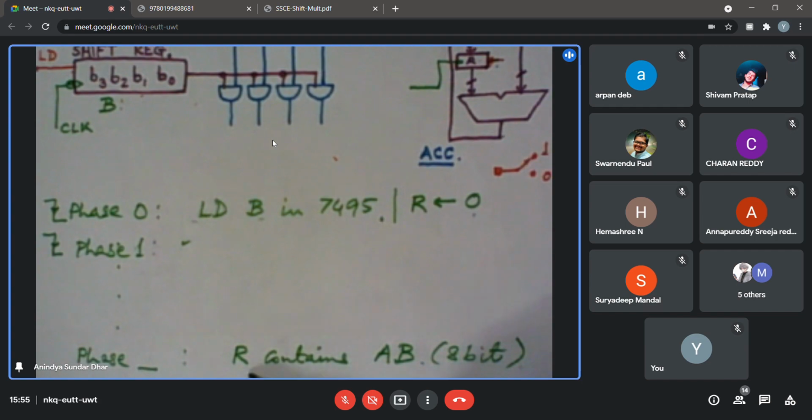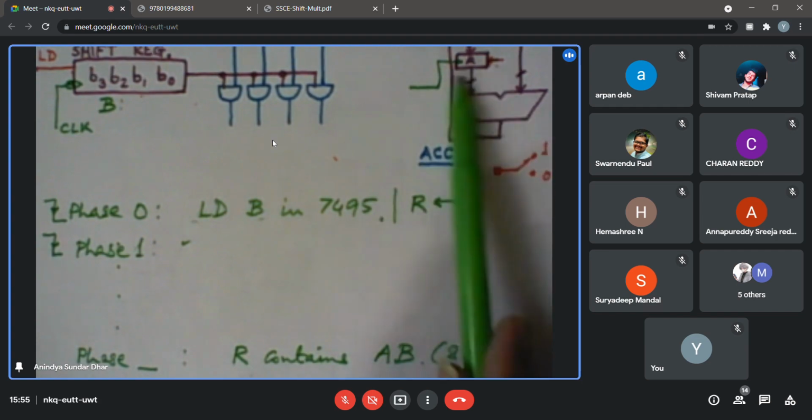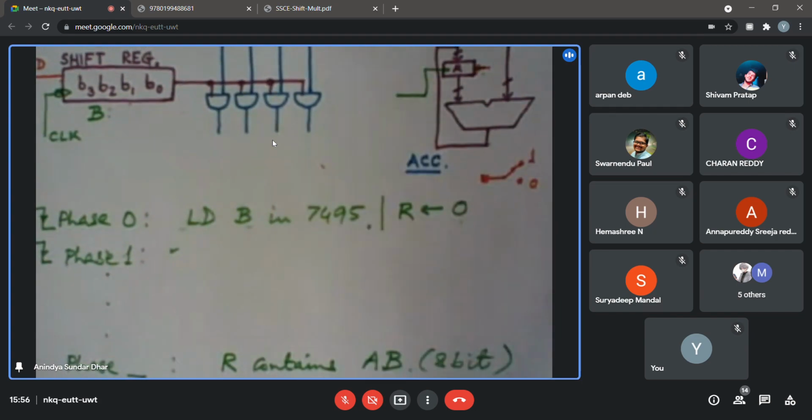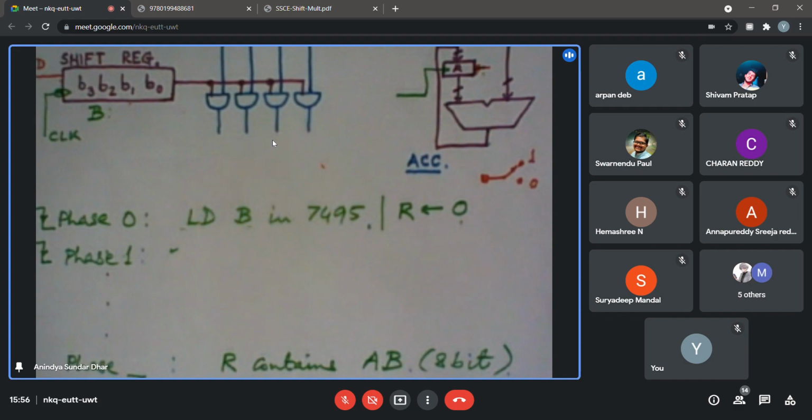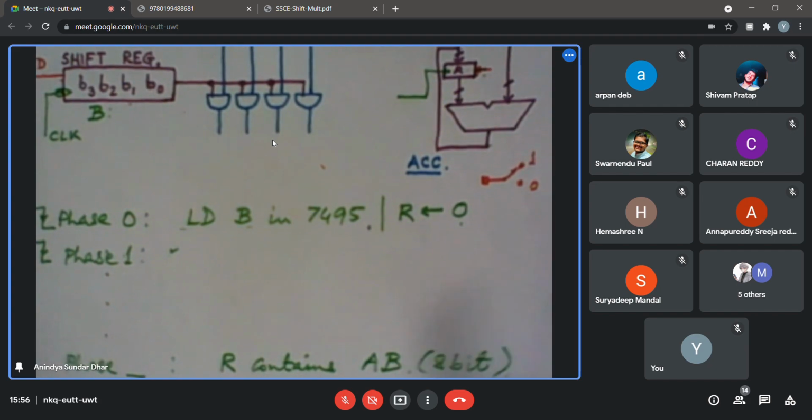After that, I know that the accumulator register will contain the full result, that is the product of 8 bits. You can try with some number like 7 into 5, but since the result will be 8-bit, if you connect 2 7447s and 7-segment displays, you may get the result not in decimal, rather in hex format.